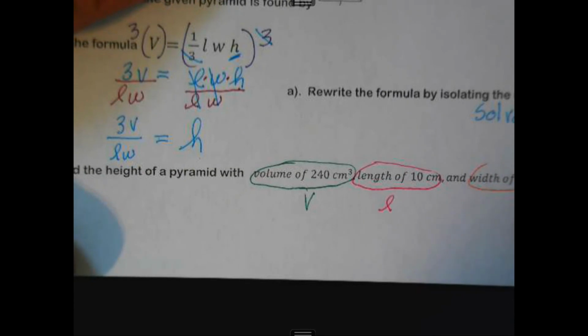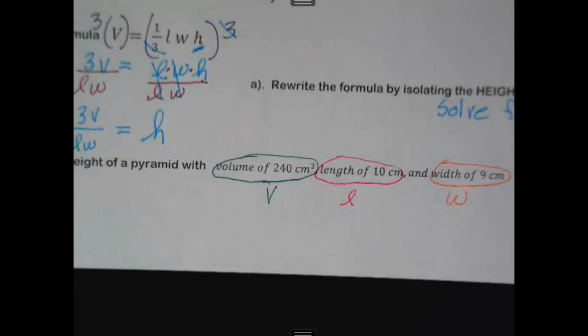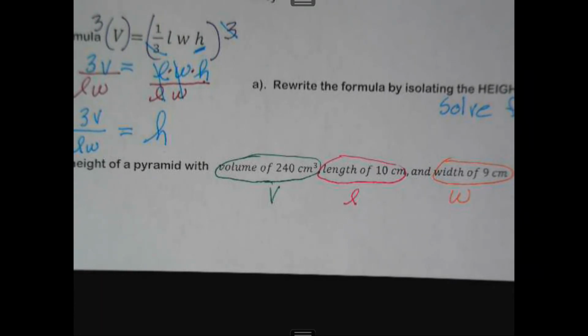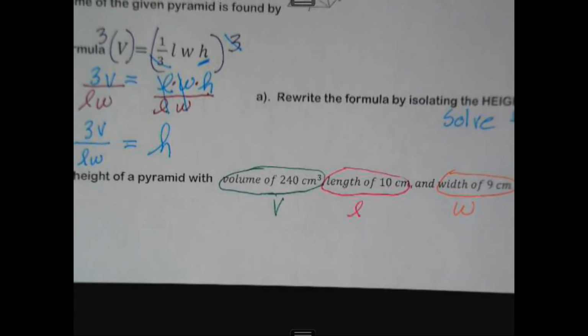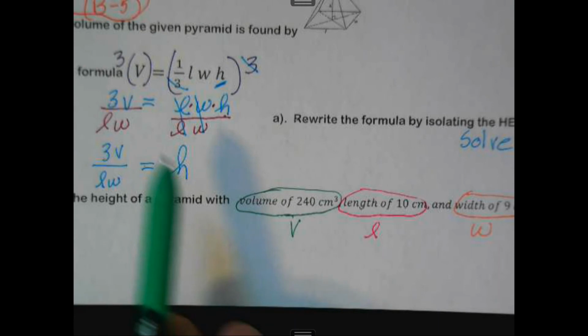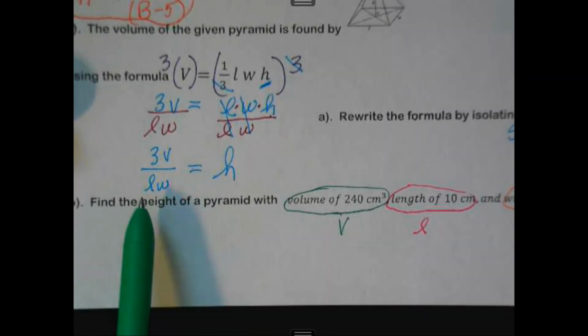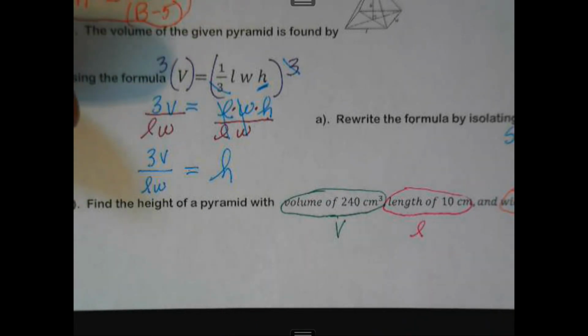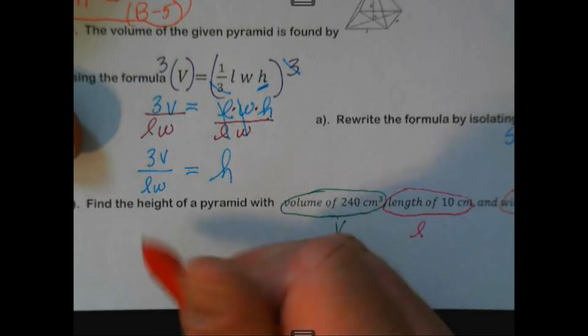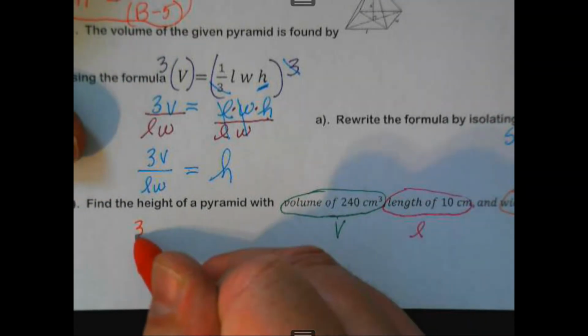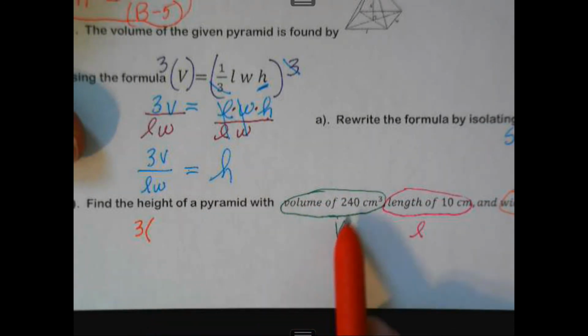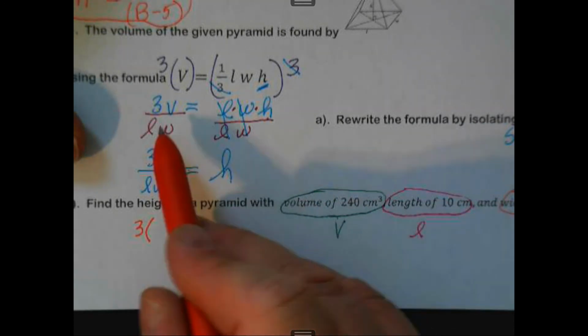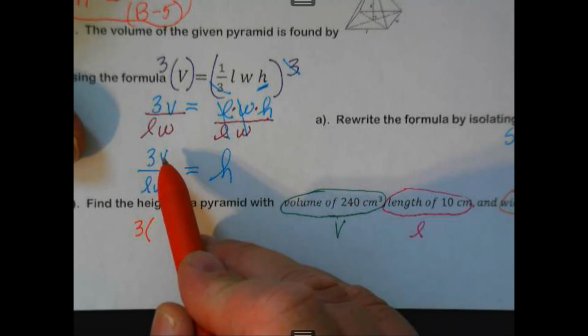Okay, so my volume here is V. So I have 3 times V, my volume, 240. Substituting in 240 for the V, divided by my length.